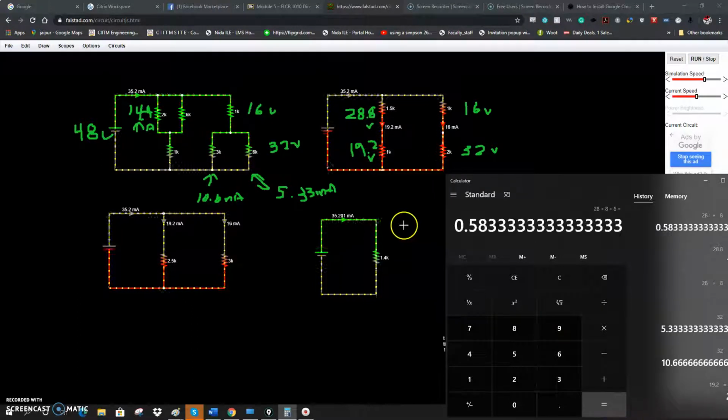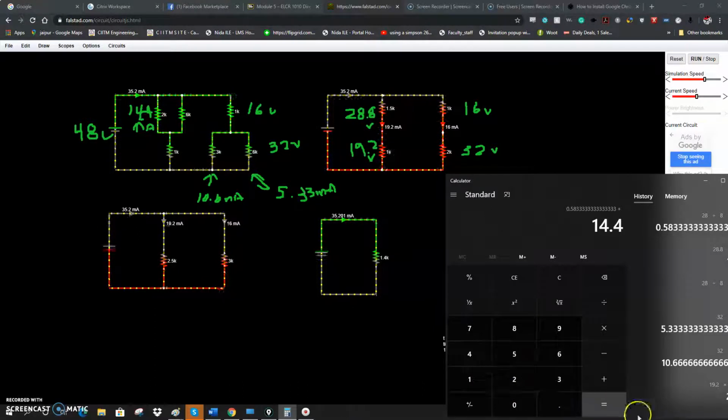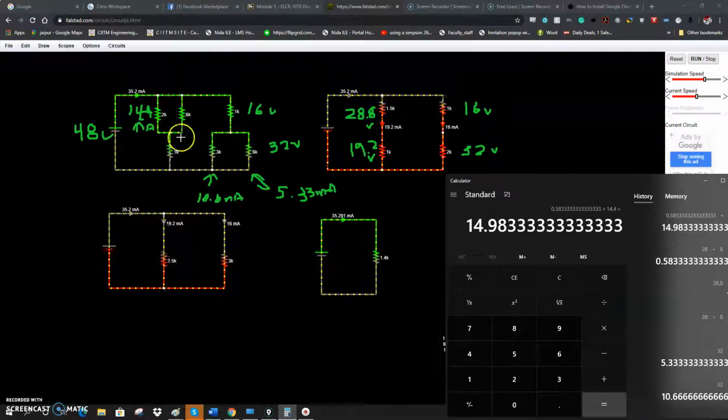And that gives us 0.583 milliamps. And obviously, if I add 14.4 plus 0.583, that equals 14.98 milliamps, which doesn't add up. So what have I done wrong here? Obviously I've done something wrong.